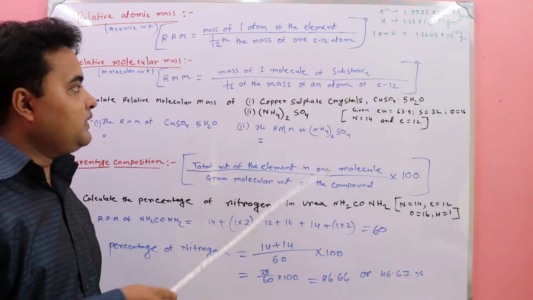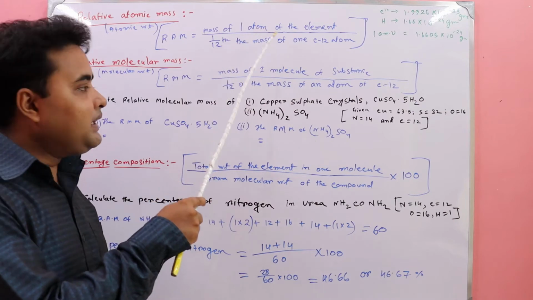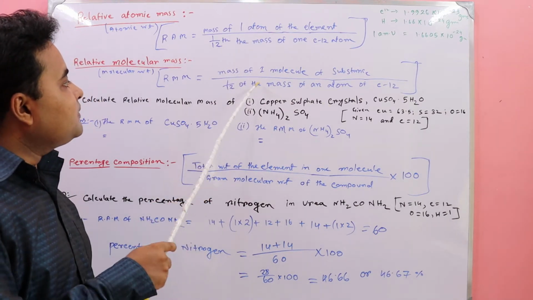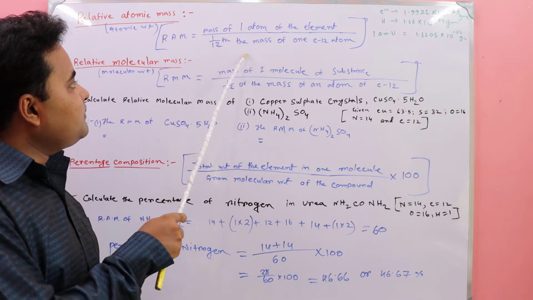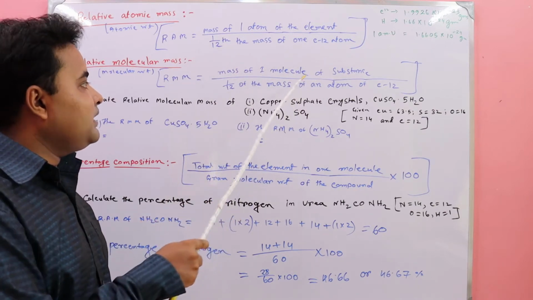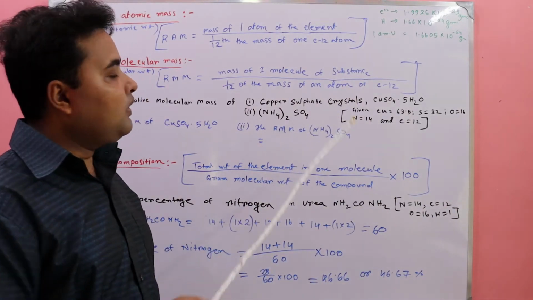That is the same. Here we consider the molecule, but below it we also consider the atom: 1 by 12 of the mass of an atom of C12.